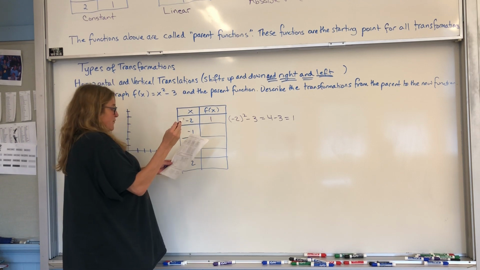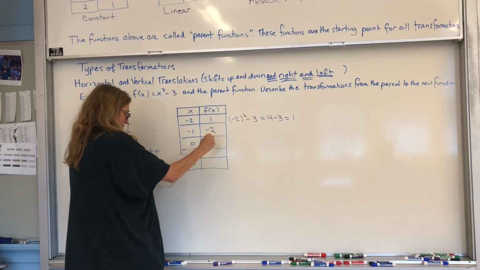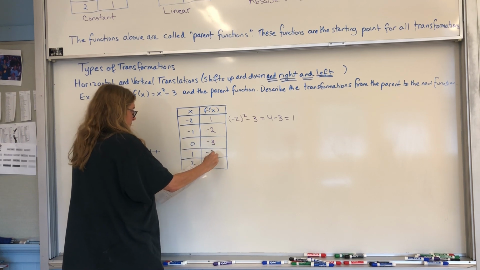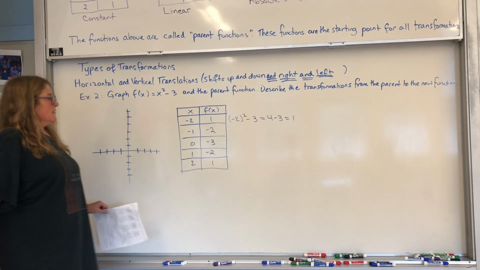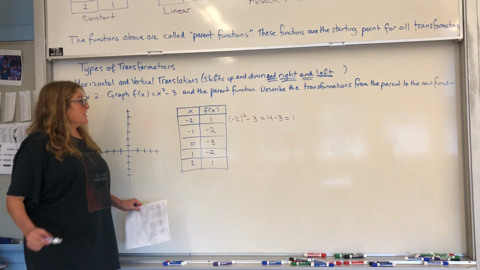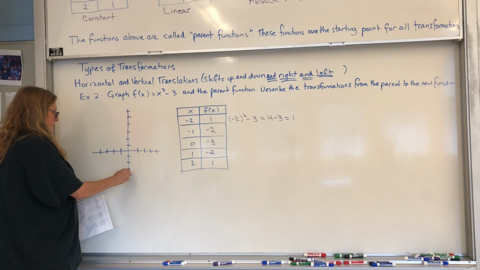And if I do that for all of them, I get this. Those are my f of x values or y values once I plug in those x's. So let's see what that looks like. Let's just graph these points.